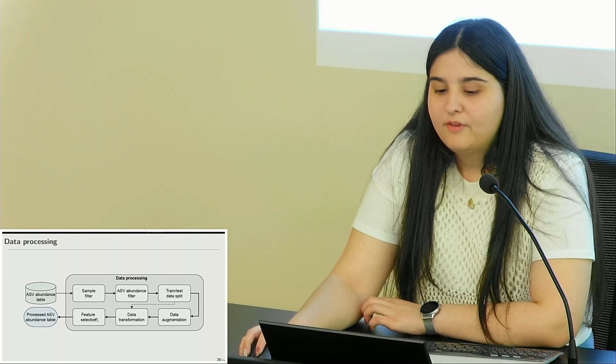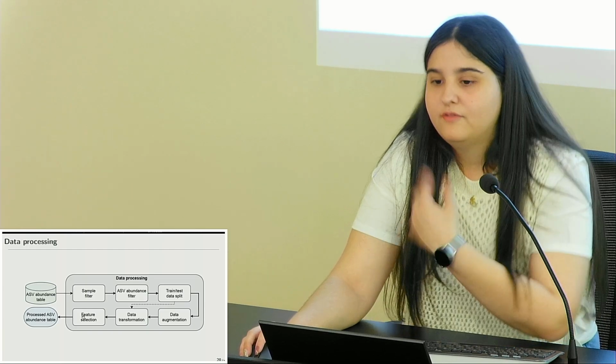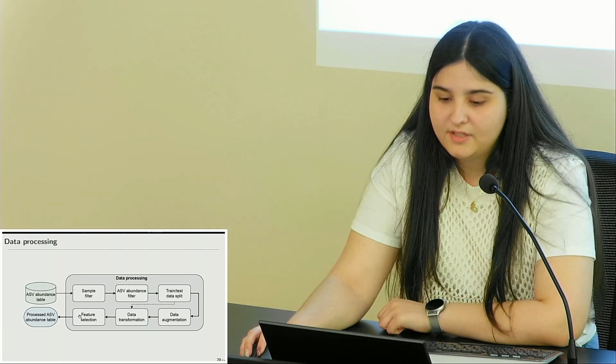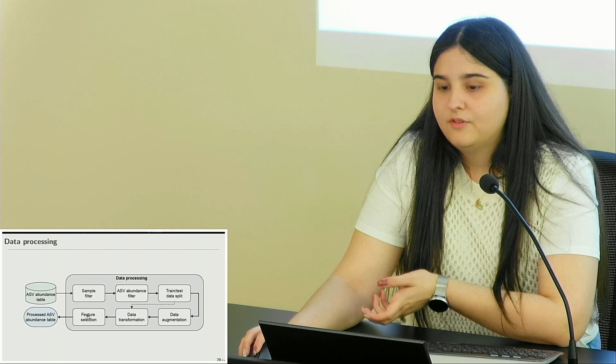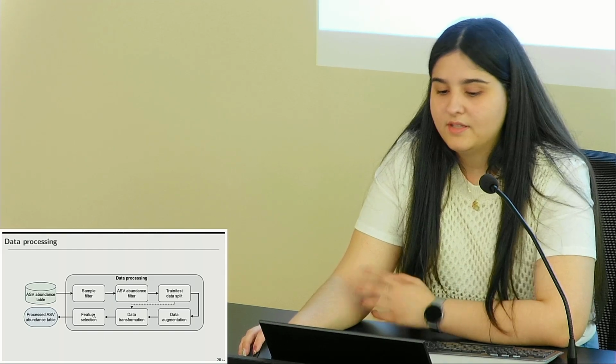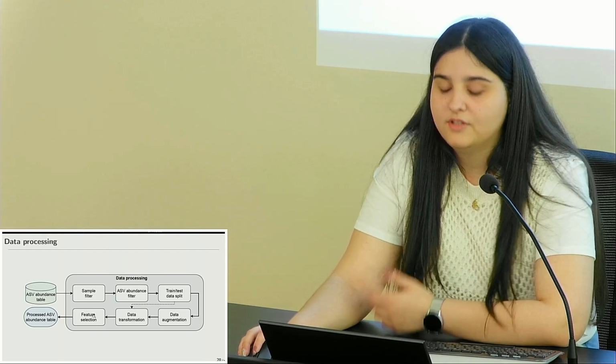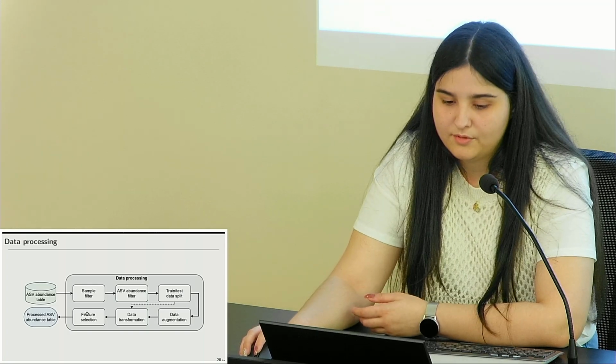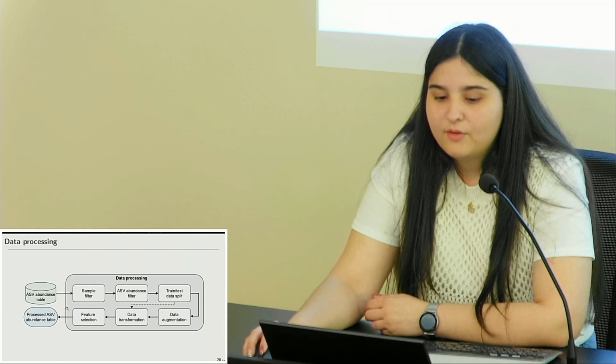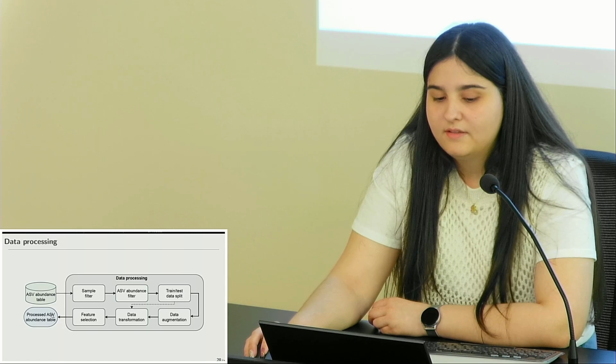Finally, we perform a feature selection step to further narrow down the ASVs in our table. We use recursive feature elimination with several estimators like random forest, logistic regression, and k-nearest neighbors. At the end of this module, we have our processed ASV abundance table.